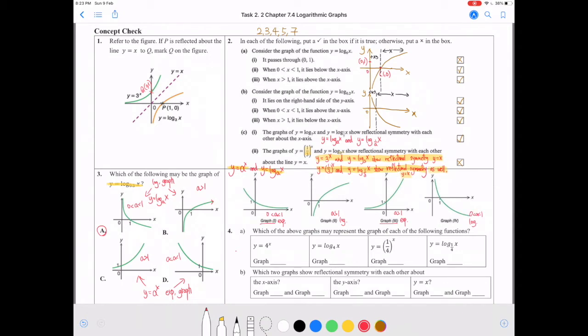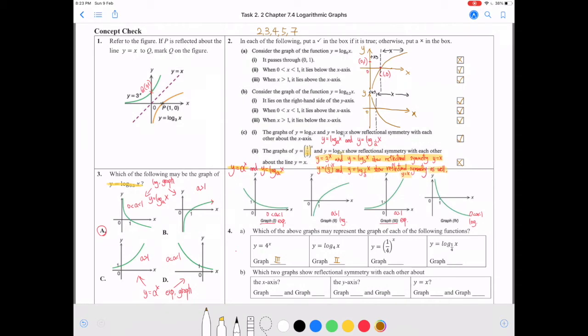So the first one, y equals 4 to the power of x. This should be the third graph, right? Okay, the next one, y equals log base 4 of x. Log graph, base is bigger than 1, so this should be the second graph.